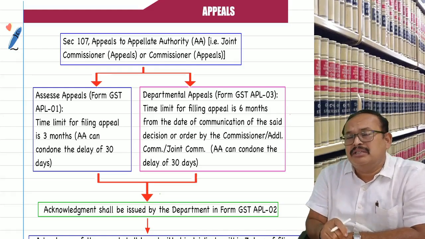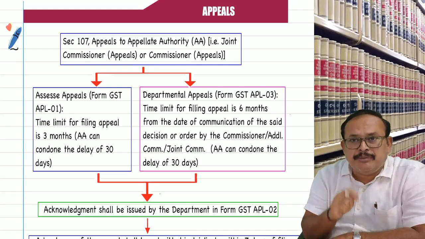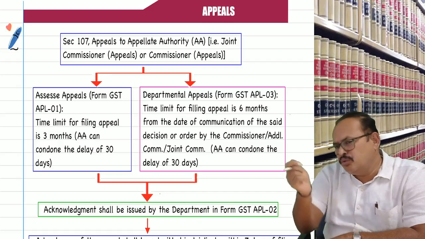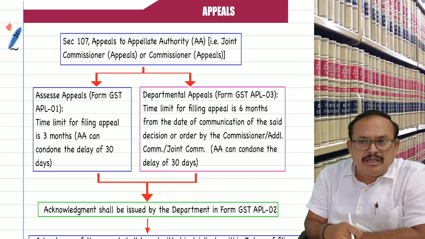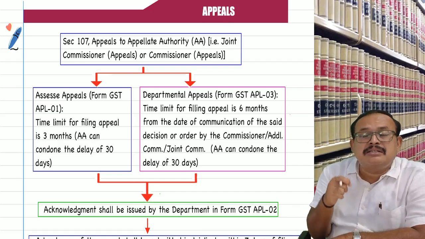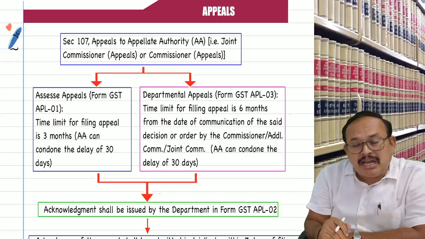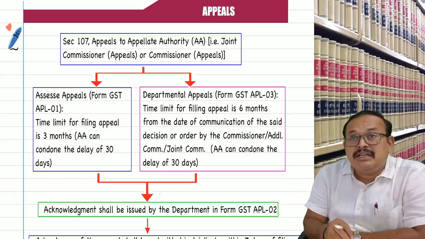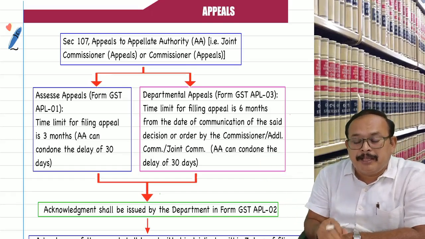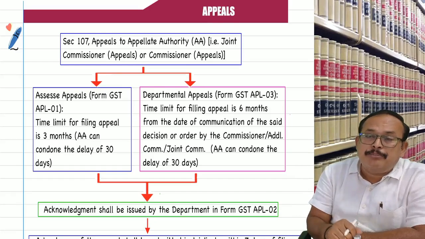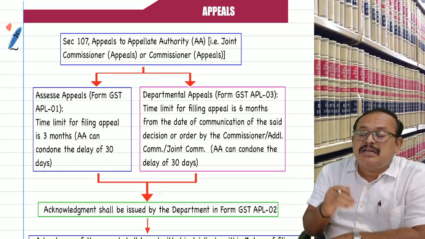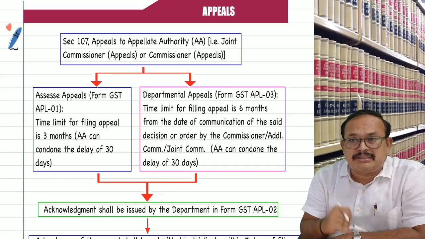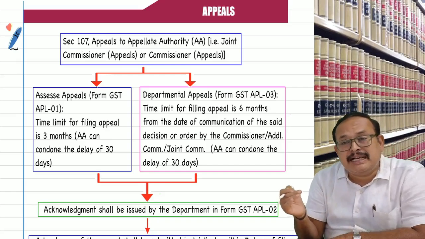Why drop the demand? You please file the case in the higher authority, namely joint commissioner appeals. Let them decide. Like that, the revision authority can direct. In that case, the department will come for appeal. Now, departmental appeals have monetary value restrictions, not the taxpayer appeal.